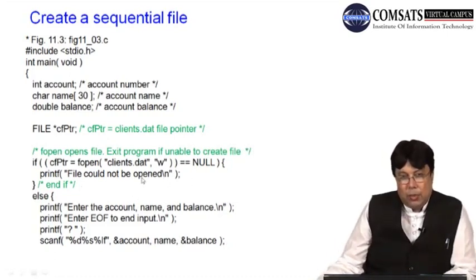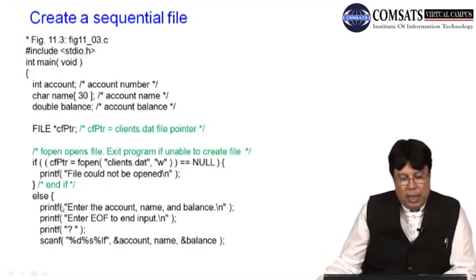Otherwise, if the system is successful in creating the file, then you can put up the data. First of all we will produce one record, and then I'll show you in the next page that we will use it for putting up multiple records. So we can say: enter the account, name and balance.